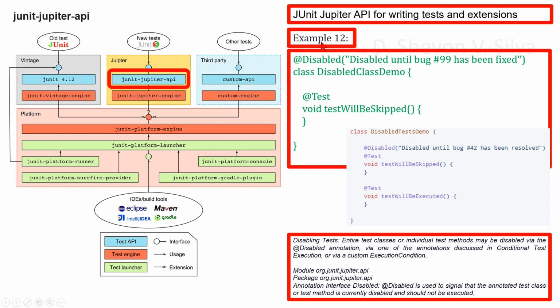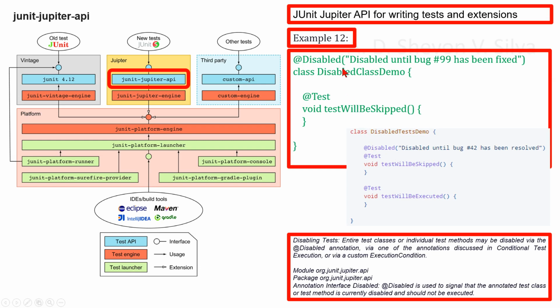Here is a @Disabled test class. Here is a test class that contains a @Disabled test method. @Disabled may be declared without providing a reason. However, the JUnit team recommends that developers provide a short explanation for why a test class or a test method has been disabled.